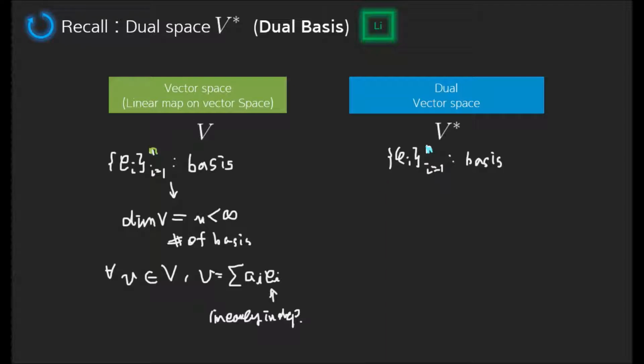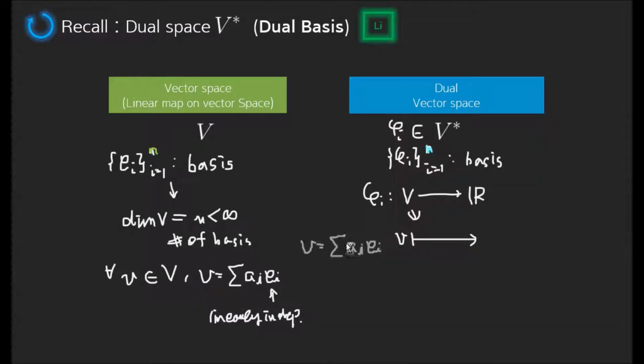The coordinate function means this is clearly in phi, a map from V into R. If v is an element in V, consider here.